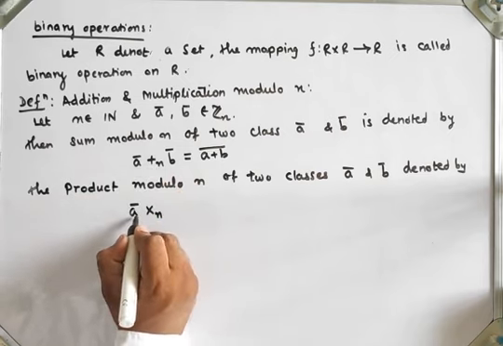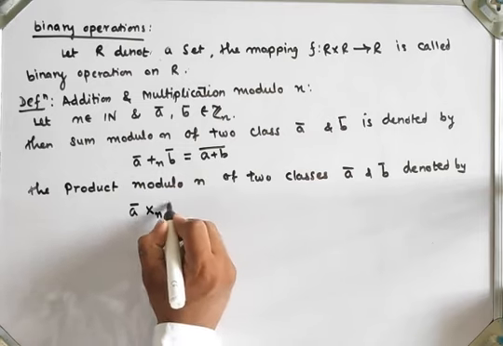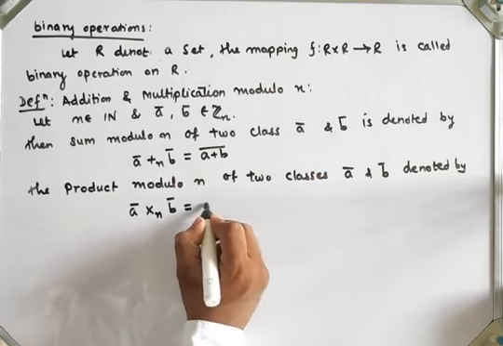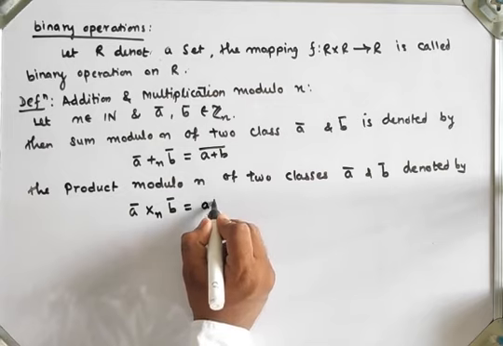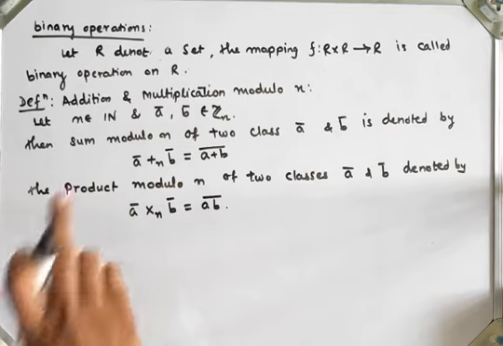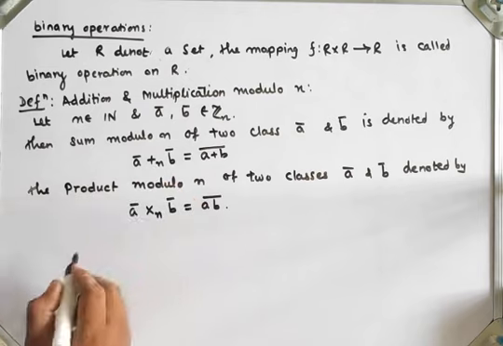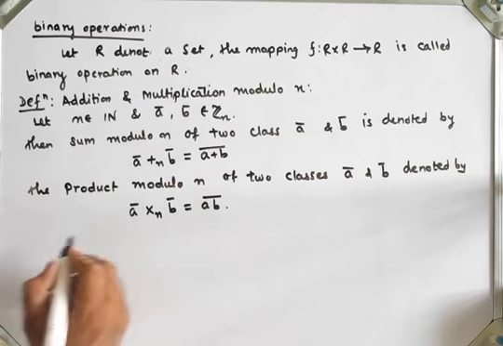So residue class A multiplication modulo n residue class B is the same as the residue class of A into B. So this is the modulo product, meaning multiplication modulo n, and the other is addition modulo n.